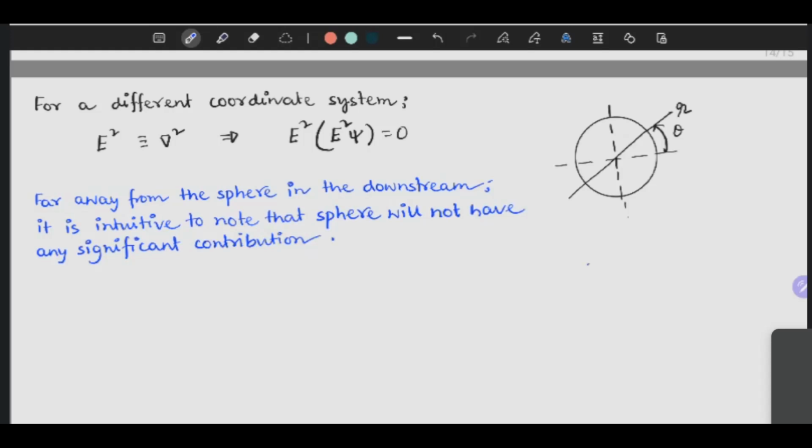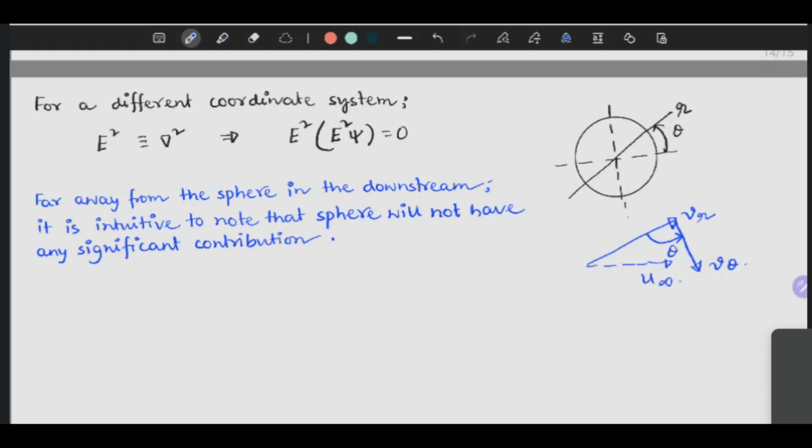So now this is the direction of Vr, and perpendicular to this will be V theta. So this is theta, and this will be u infinity.